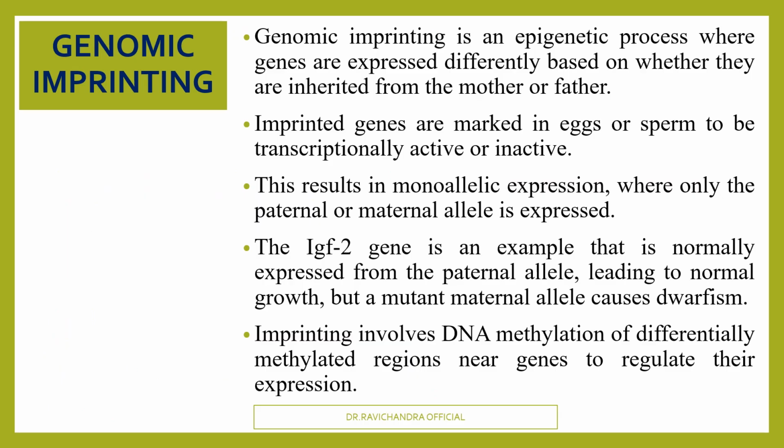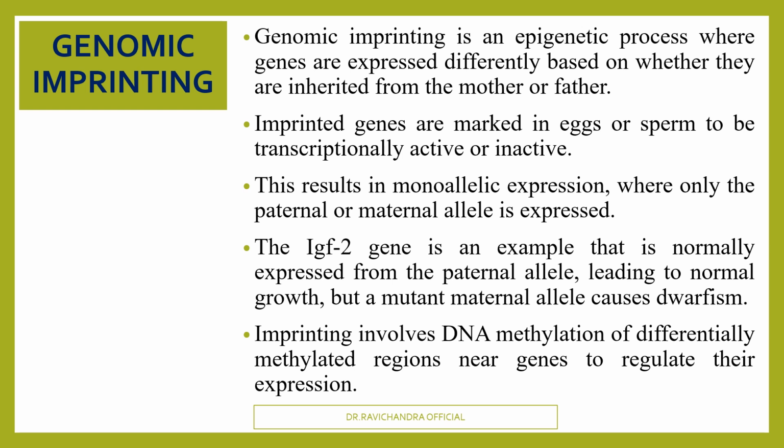Coming to genomic imprinting, it is an epigenetic process where the genes are expressed differently based on whether they are inherited from a mother or a father. The imprinted genes are marked in the eggs or sperms to be transcriptionally active or inactive. This results in monoallelic expression, where only the paternal or maternal allele is expressed.